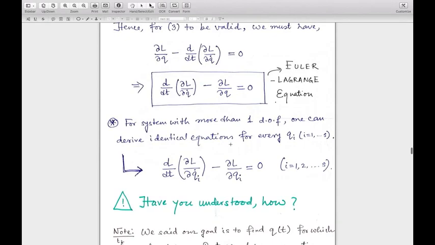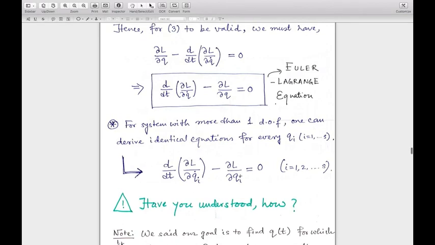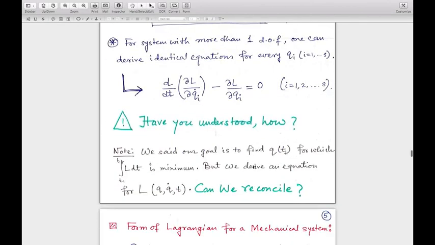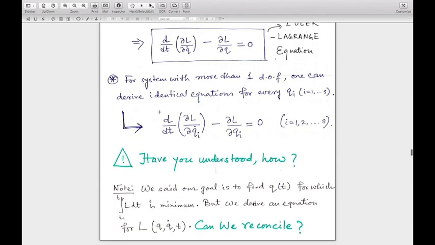We have now reduced the extremum condition, or the stationarity condition, in terms of L. Now in order to find q as a function of t, what we have to do? We have to solve this. For that we have to know the actual functional form of L in terms of q_i and q̇_i and also t, and only then can you solve this equation to find q(t).